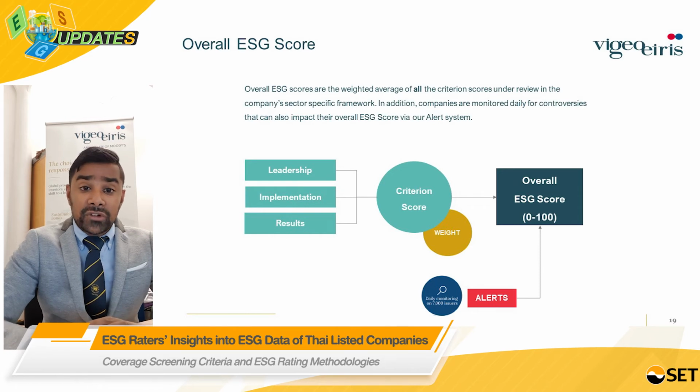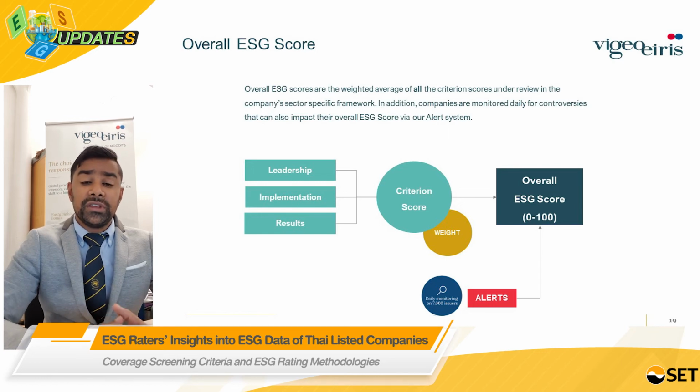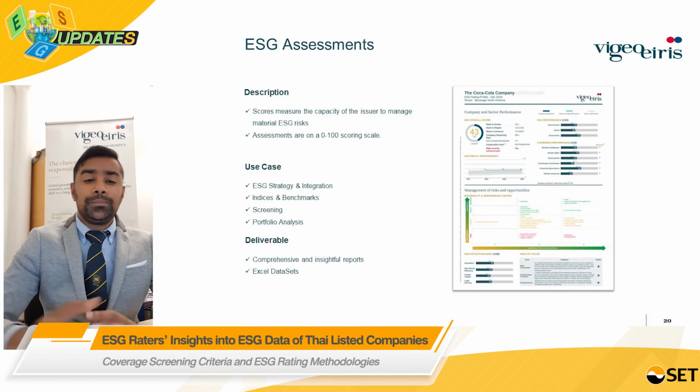The weighted average of all the criteria that are assessed within a given company, that's what provides us with the overall score for a company. Now that can be impacted using our alert service. So if there is a major controversy that fundamentally reshapes our opinion on an issuer, we are able to issue at short notice an alert, downgrading companies or putting them on some form of watch list.